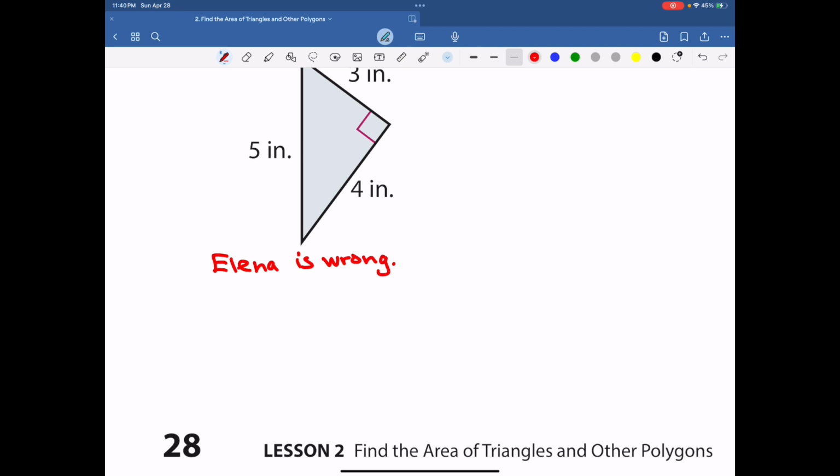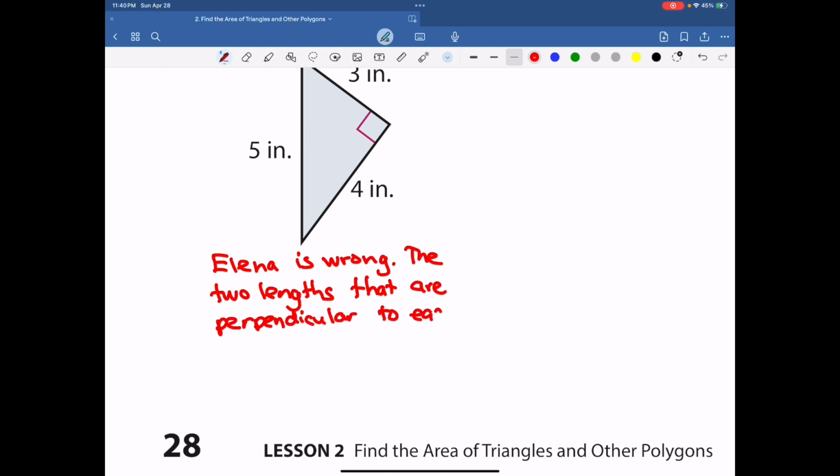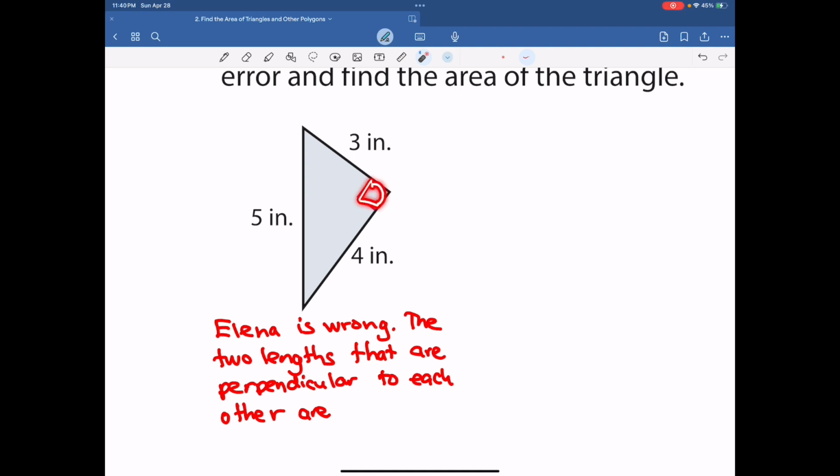The 2 lengths that are perpendicular to each other are 3 inches and 4 inches, not 4 inches and 5 inches.